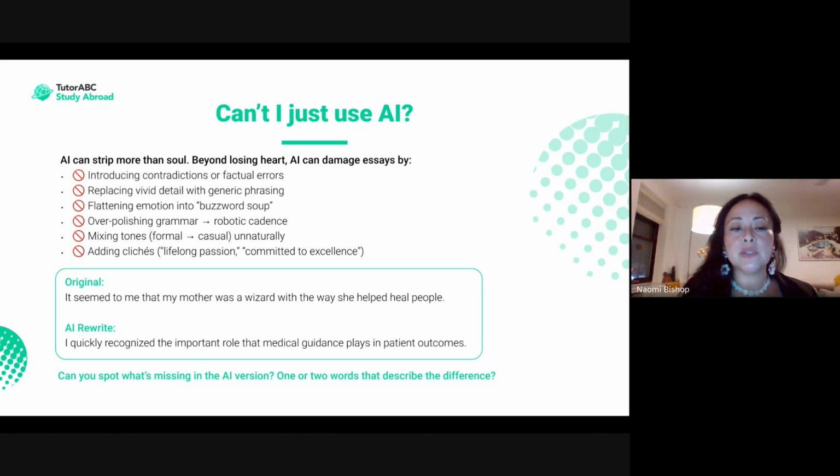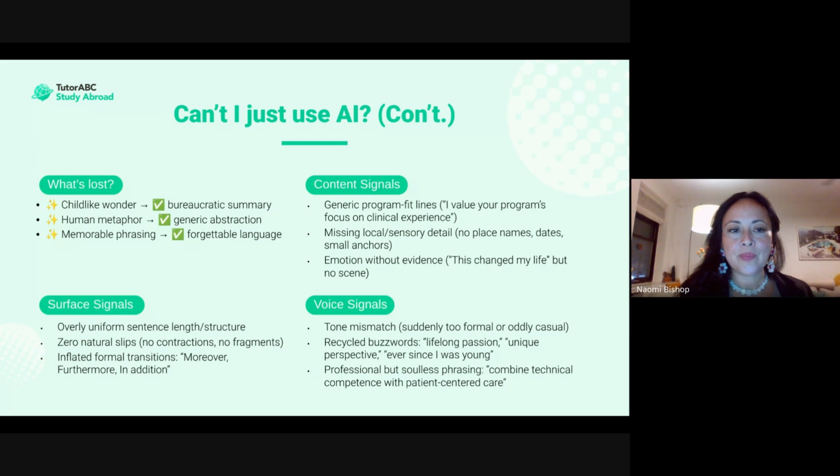The AI rewrite was, I quickly recognized the important role that medical guidance plays in patient outcomes. It really took away all the heart and soul of that person's story with the mother. And so what's lost is childlike wonder for bureaucratic summary, human metaphor for generic abstraction, memorable phrasing for forgettable language.